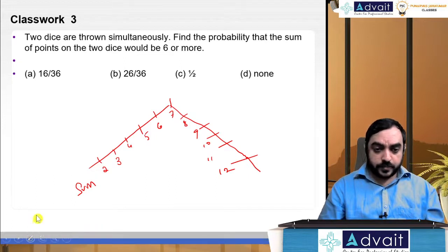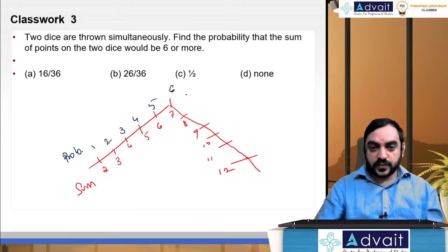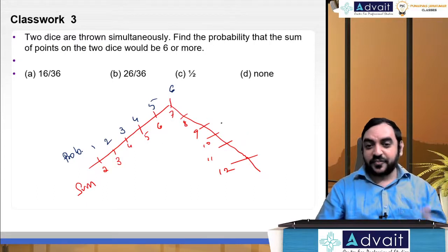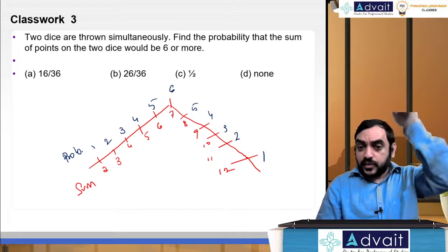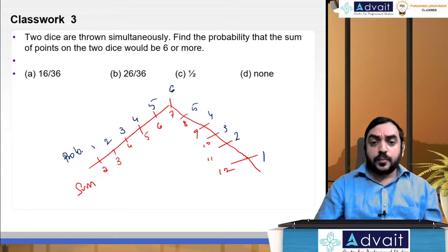Then the probability: 1, 2, 3, 4, 5, 6, not 7, 8, 9, 10, then 5, 4, 3, 2, 1. That's the probability, okay? 1, 2, 3, 4, 5, 6. Peak is 6 and then 5, 4, 3, 2, 1. It comes down.